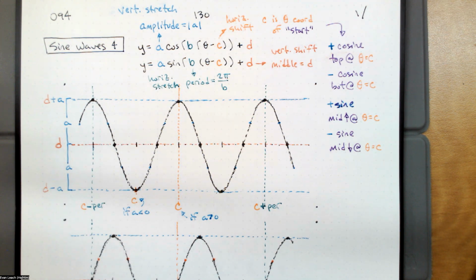So for a cosine, C will either be where the top is or where the bottom is, depending on the sign of A. So these are the 5 things that we need to identify.